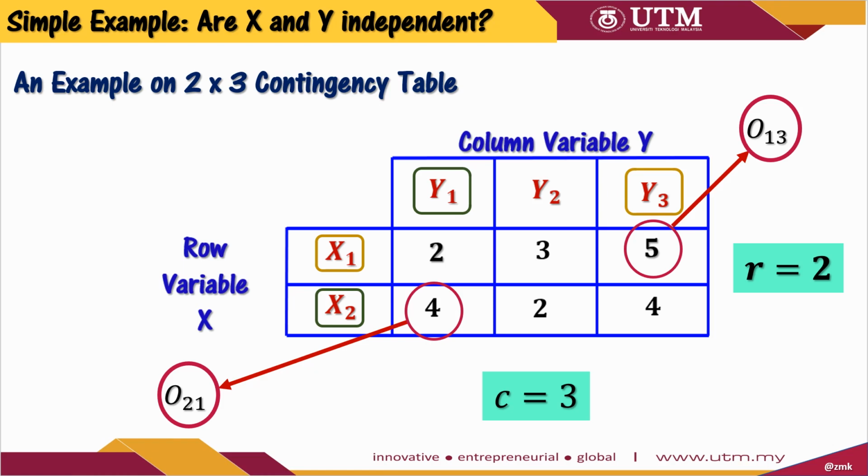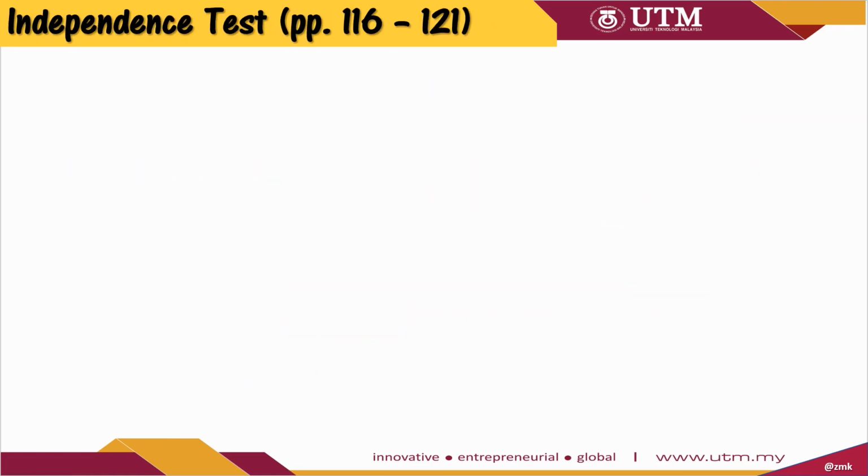The question is, are the row variable x and the column variable y independent? Let's learn the general procedure for an independence test to answer this question in the next slide.